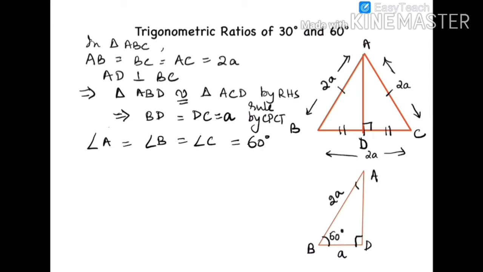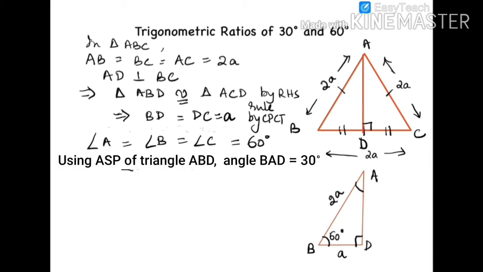So what will be angle A? We can use angle sum property and find the third angle. So angle BAD will be 30 degrees. So now we have a right angle triangle with 2 of its acute angles as 30 degrees and 60 degrees.